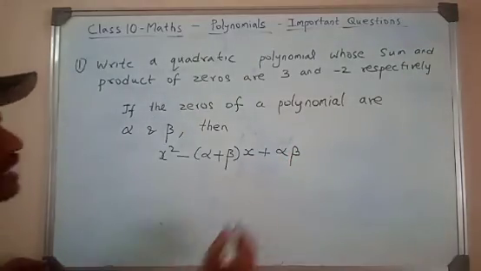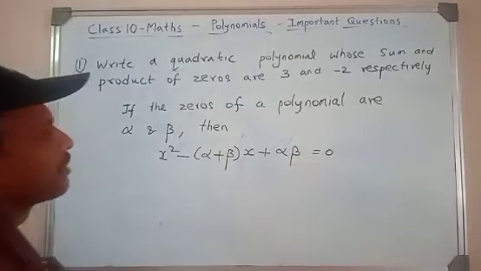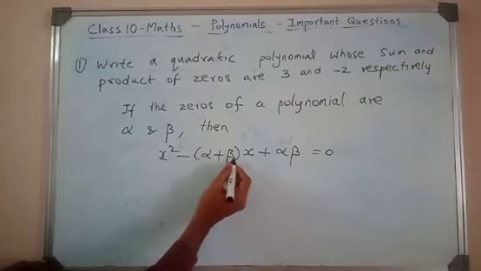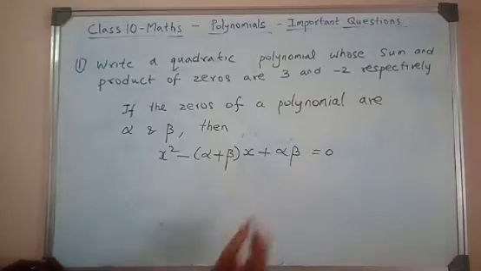Like this we can write the polynomial equation: x square minus of alpha plus beta into x plus alpha beta is equal to 0.